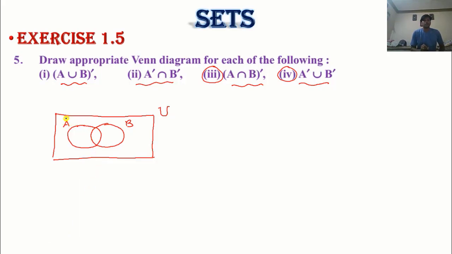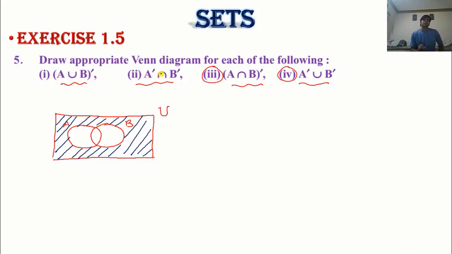So the whole outside portion, the empty portion of A and B, is the portion in which (A union B)' holds.